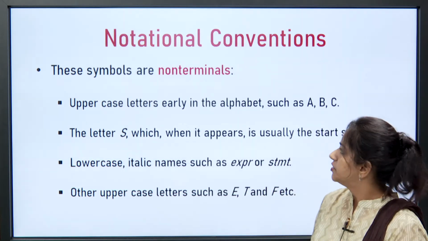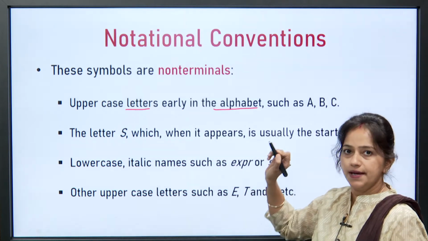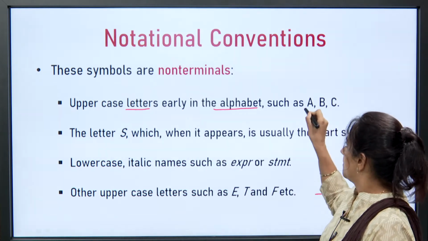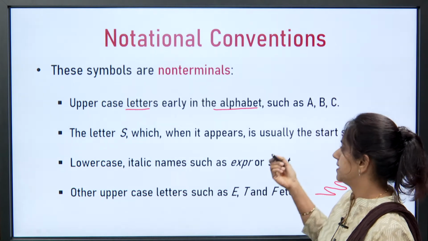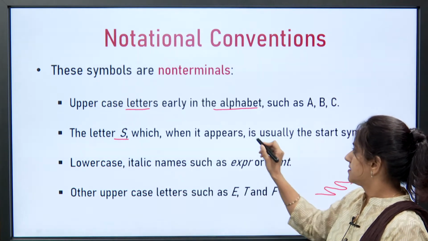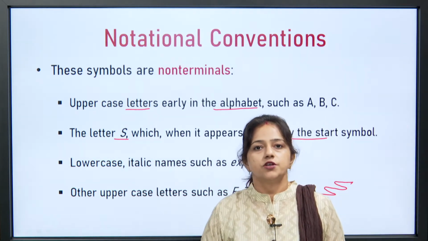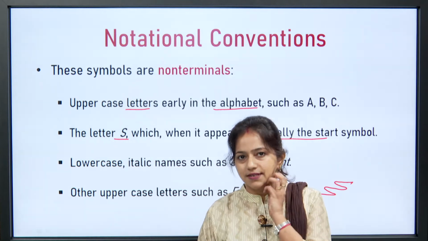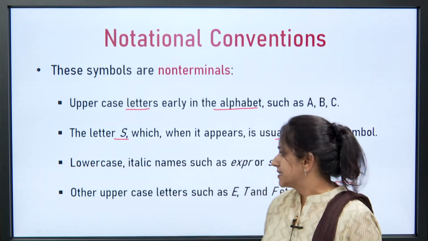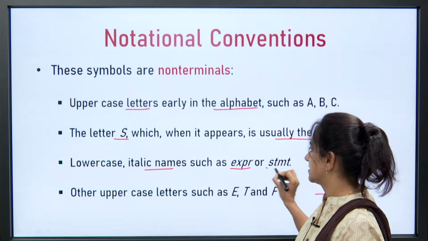Now, next is non-terminals. Uppercase letters early in the alphabet like A, B, C can be used as non-terminals. Letter S, when it appears, is usually the start symbol of the grammar. So, usually capital S is used as the start symbol of the grammar. Next are lowercase italic names such as expression, statement.